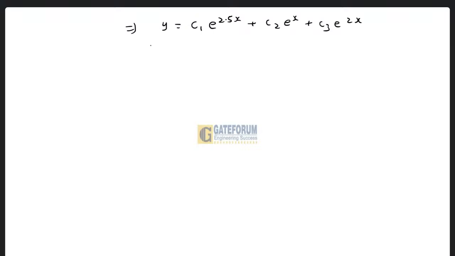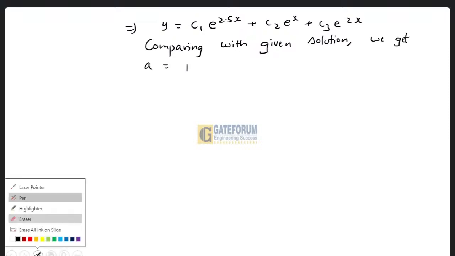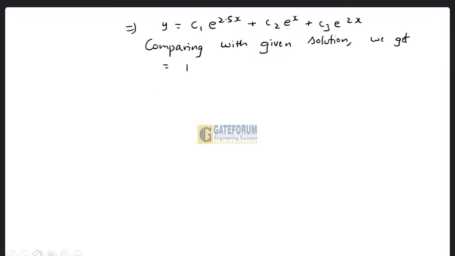So, comparing with the given solution, we get alpha is equal to 1, beta is equal to 2.